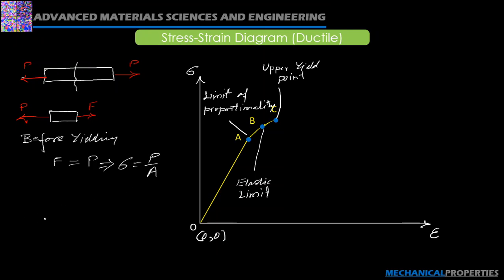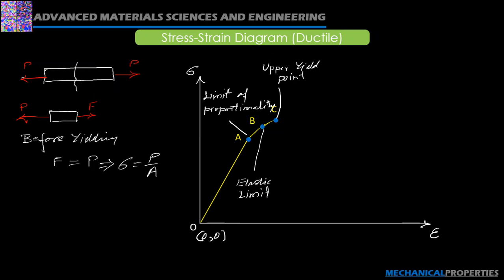But after yielding, we see that the relationship is not the same, and the F, the resistive force of the material, is reduced from the applied load.